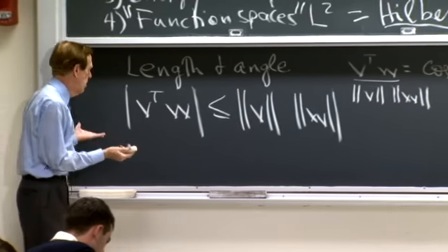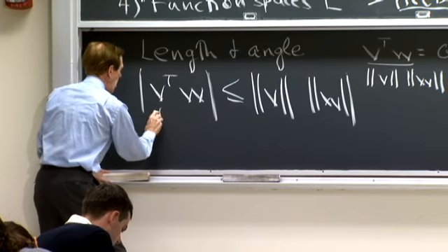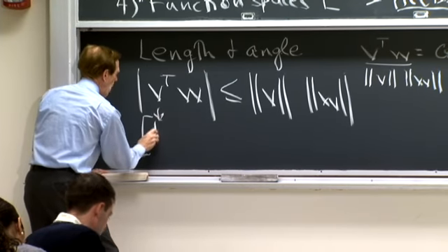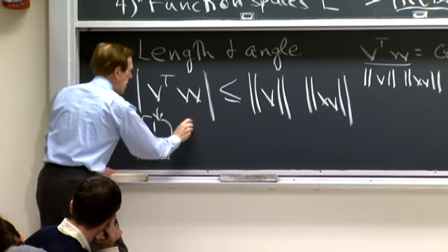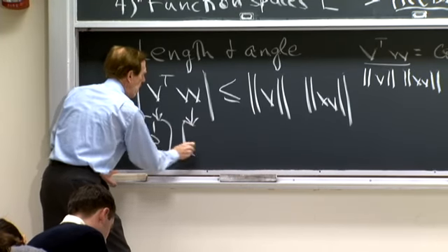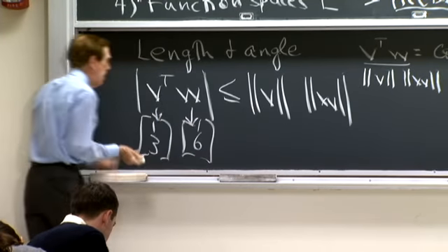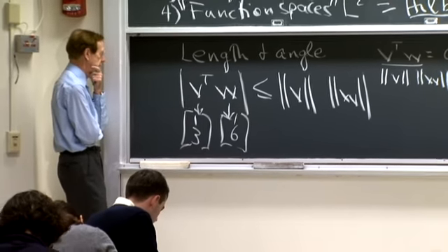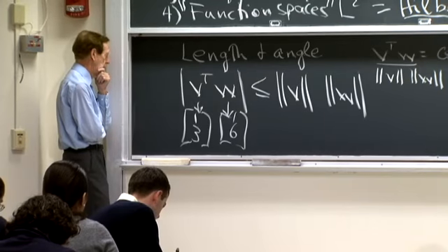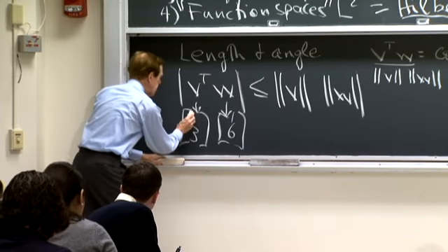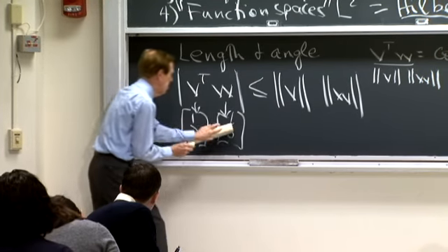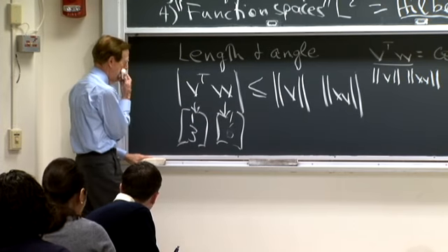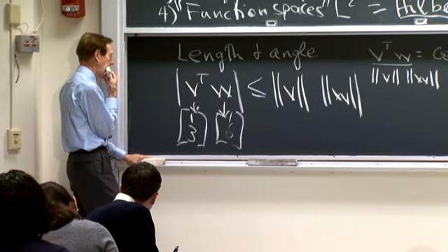Right. I could do an example. Let V be 1, 3, and let W be 1, 6. I don't know how this is going to work. What's the dot product of those two vectors? Oh, it's 19. Sorry about that. Let's change this, I'd like a nice number here.